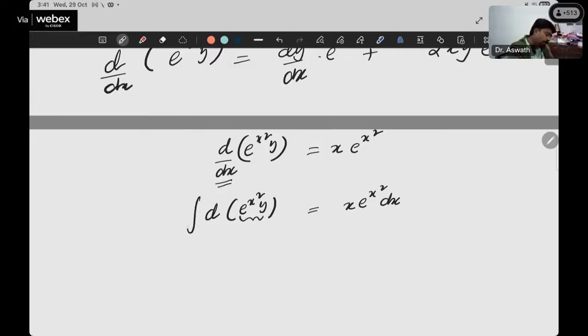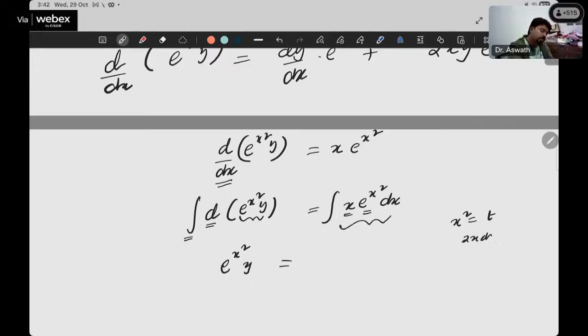If I integrate the left hand side, the derivative cancels the integration, so exponential x square into y is equal to, now I have an algebraic function and an exponential function. I will introduce x square equal to t.